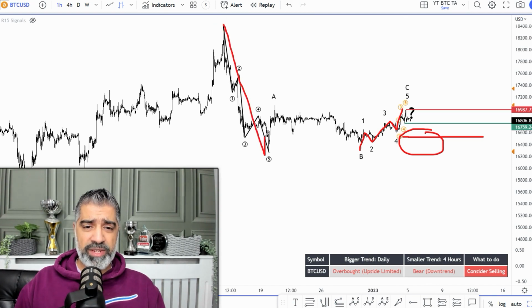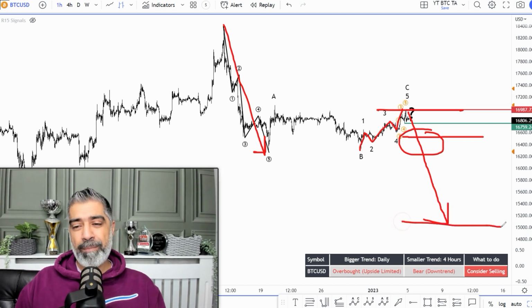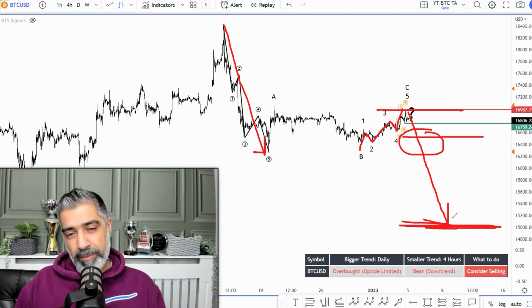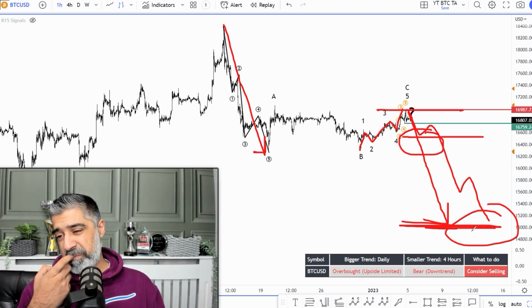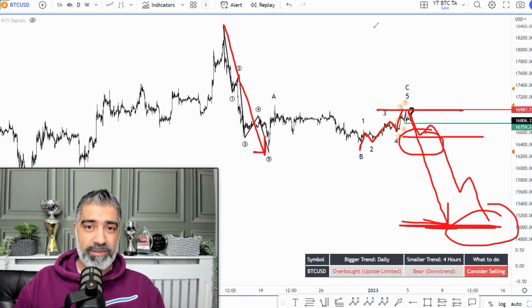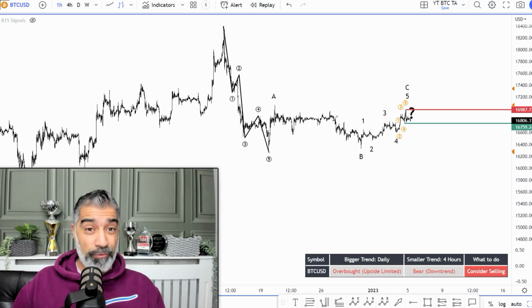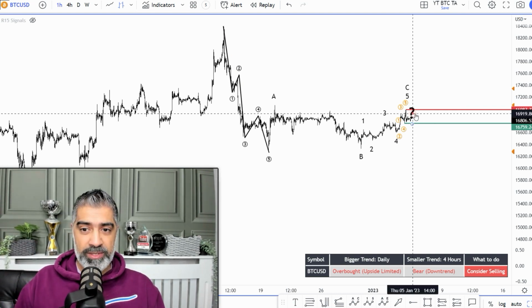We measure this move to the downside and we project it from here, and we project the exact same distance to the downside. More often than not, that's the minimum price that will get reached. If the trend takes off to the downside, this will be a nice target for us. We're talking about a $15,000 Bitcoin, and it might overextend. If it overextends, even better for the short position.